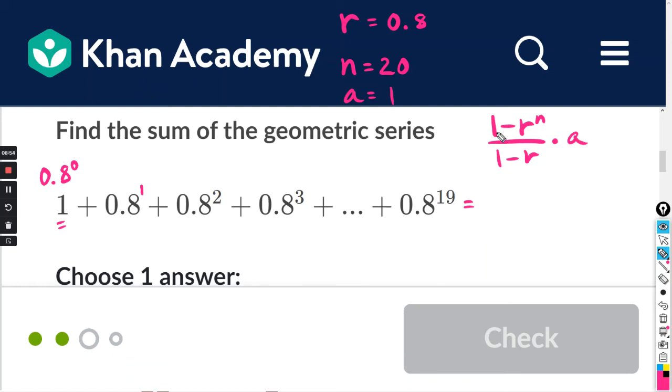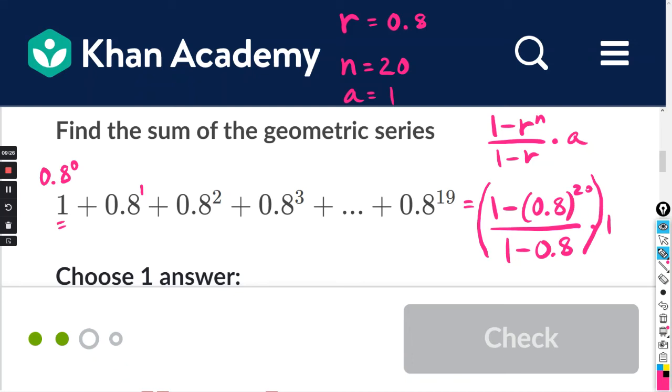So that's going to equal 1 minus 0.8 to the n, there's 20 terms, and then divided by 1 minus r, so 1 minus 0.8, and a, the first term, is just 1. So we're just multiplying this whole thing by 1, which doesn't change anything. So really, we just have to do this part in parentheses on the calculator.